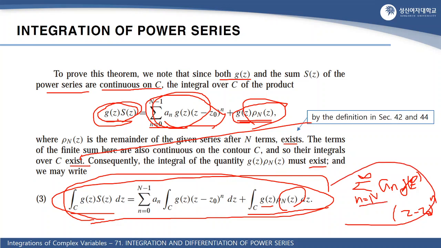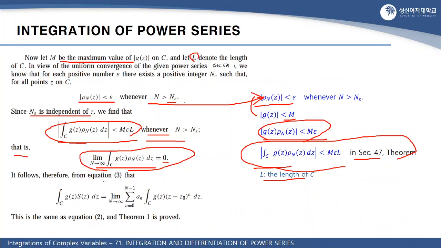Its starting point is large N. So as N goes to infinity, this part is equal to 0.